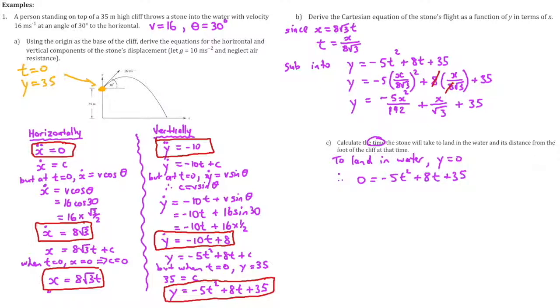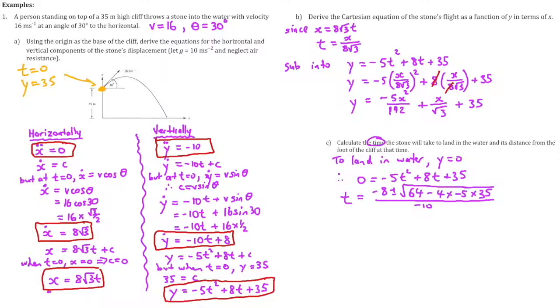Now you could try solving this using numbers, two numbers to multiply to give this and add to give that, but the fastest way is going to be the quadratic formula, especially if it's not a neat answer. So minus b plus or minus the square root of the b value squared minus 4 times a times c, all over 2 lots of a.